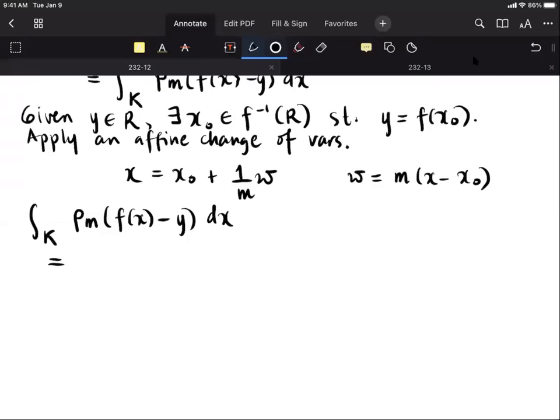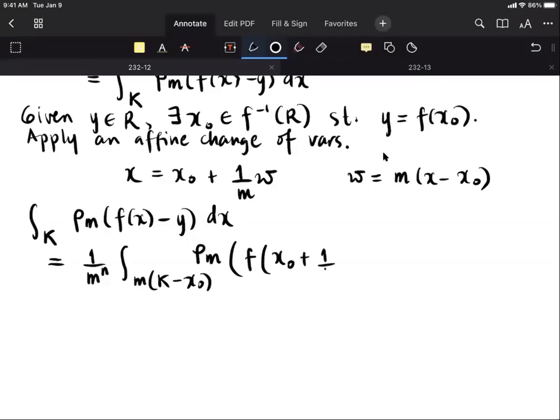So this is 1 over m^n times the integral, where K will now be m(K minus x naught) based on this transformation, of rho m of f, where x will be x naught plus 1 over m w, minus y, which is equal to f of x naught, dw.